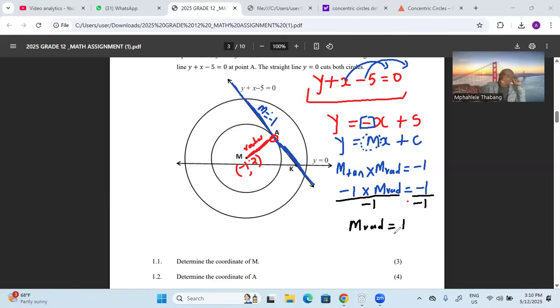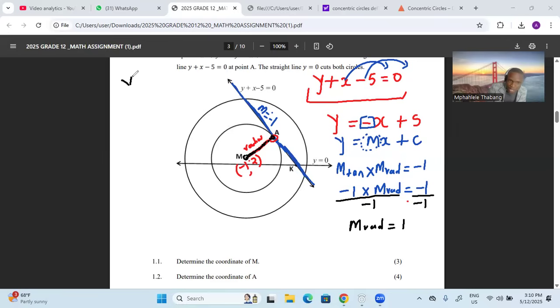So now I have the gradient of a line from M to A. Remember, the line from M to A is a radius. I know that the gradient is 1. Because I have a point and I also have a gradient, I can find the equation of this straight line from M to A. How so?